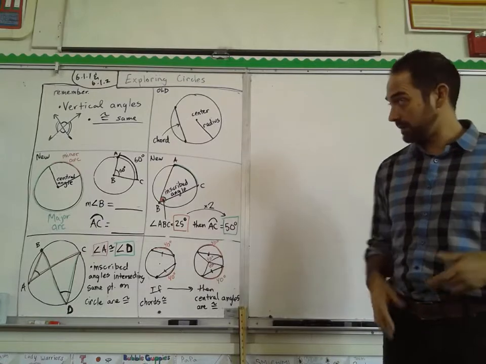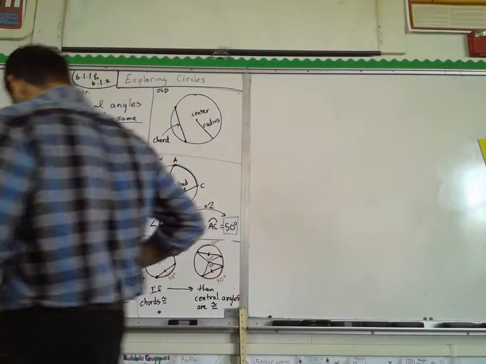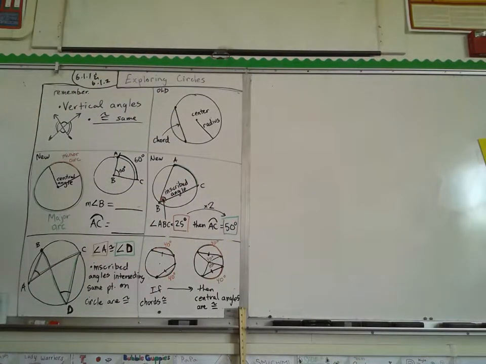Okay, so looking here, first off, if I have a central angle which goes to the center, then this minor arc and major arc are defined by these outer portions.